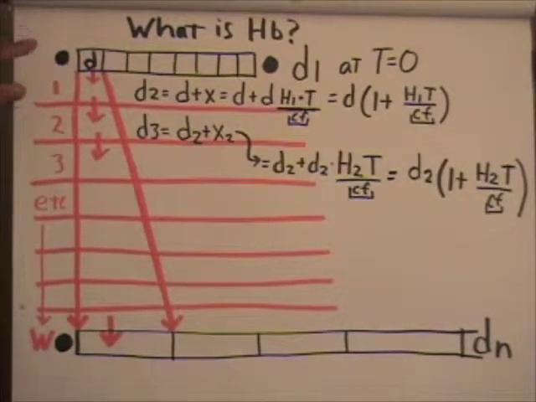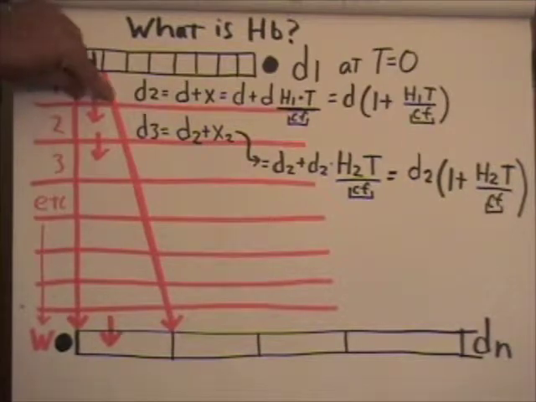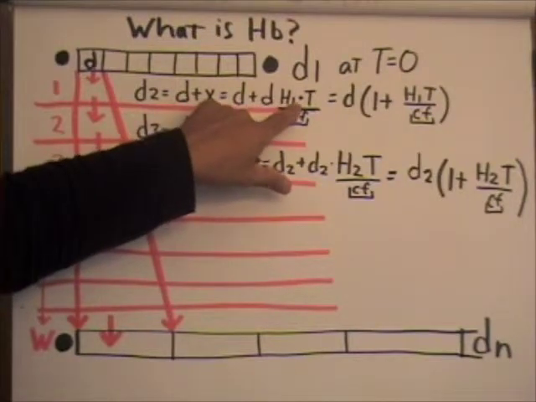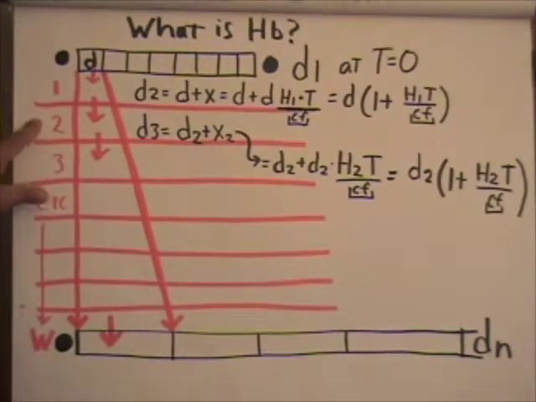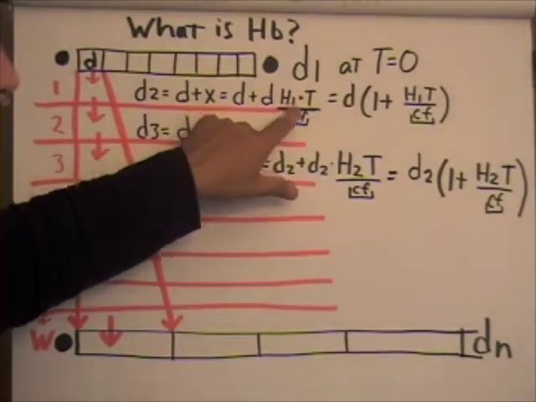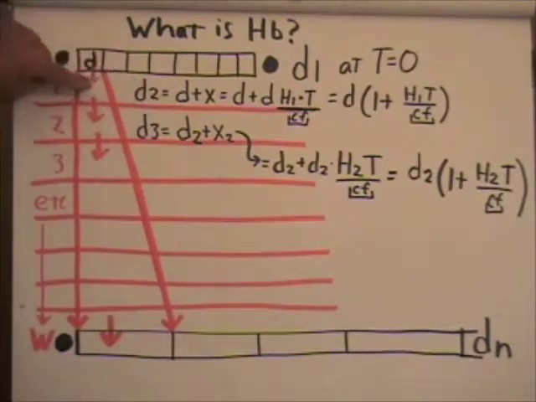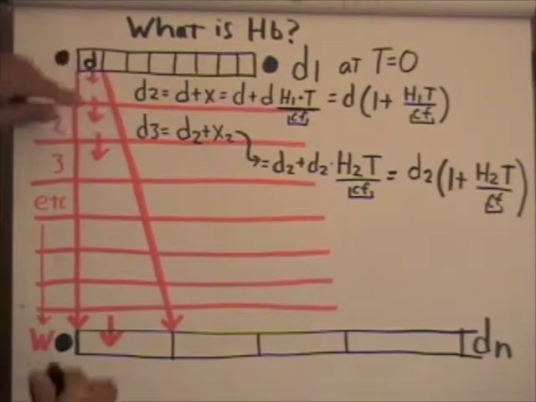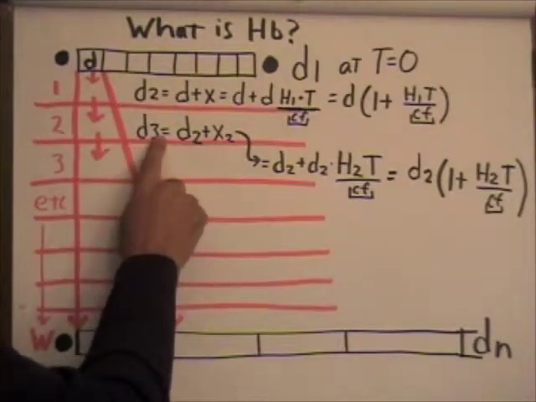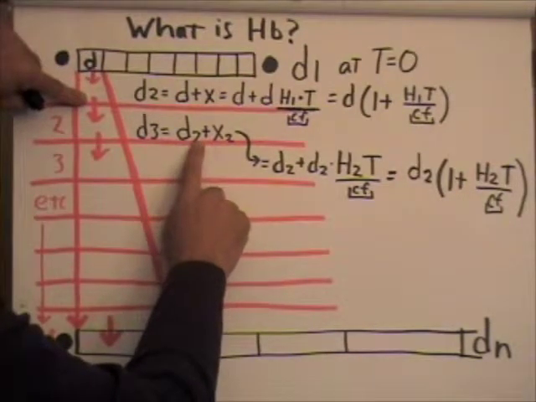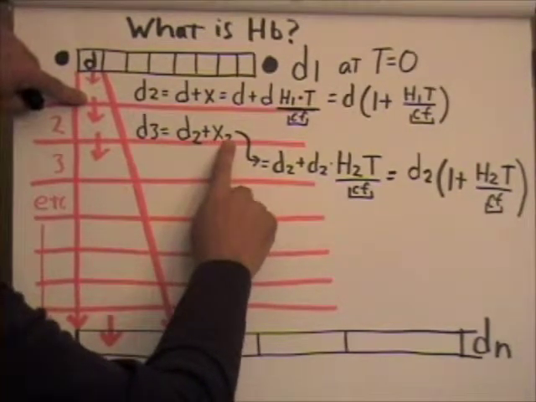Now here's the key point. The Hubble constant can change over time. So when we get to the second segment of time and we want to expand the space again, we can't use h1, we have to use whatever the new Hubble constant is, h2. So to take the expansion one step further, the new distance d3 equals the previous total d2 plus whatever the new expansion is.